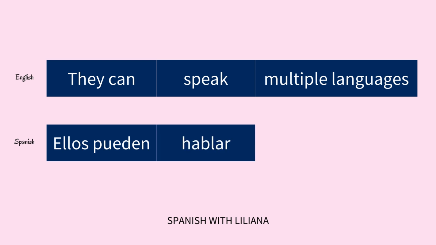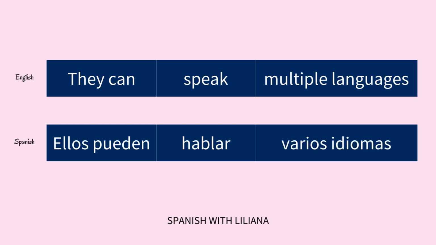In this case, we're going to use varios for multiple. Varios idiomas. Ellos pueden hablar varios idiomas. And we can drop the pronoun as well. Pueden hablar varios idiomas.